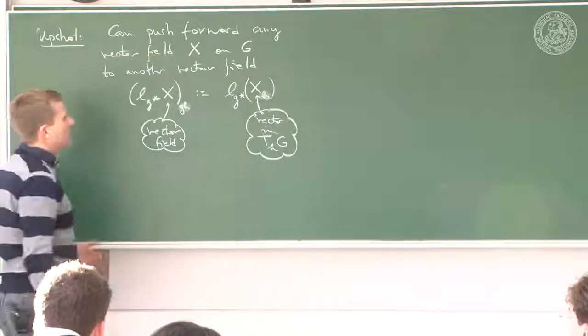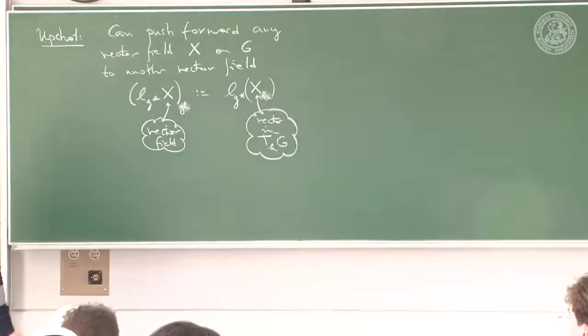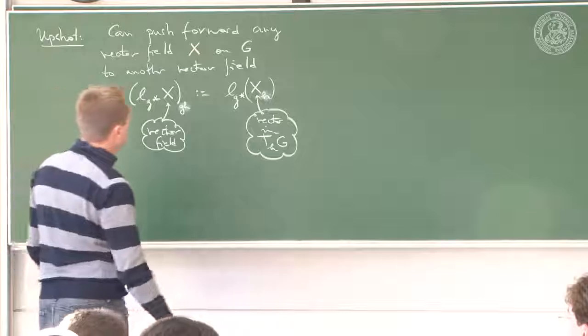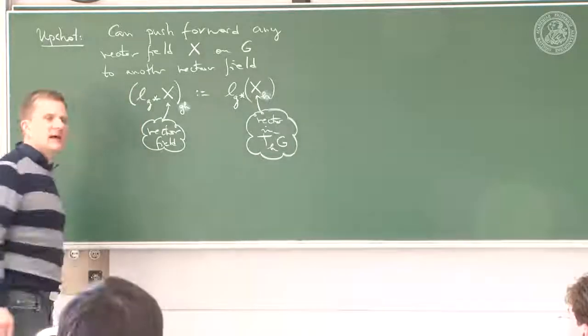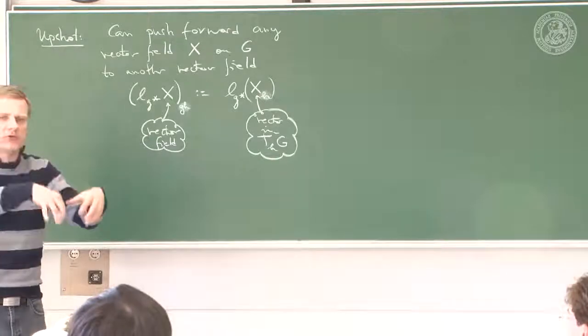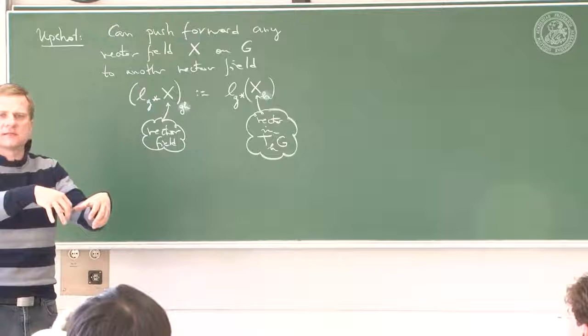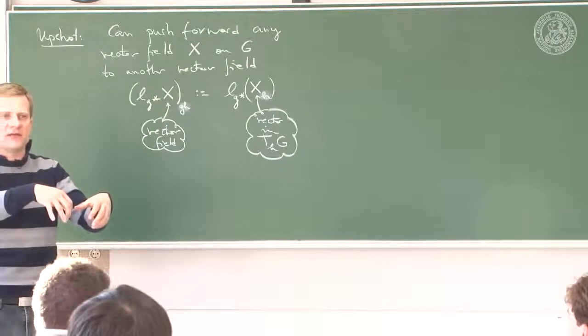Now, we're not interested in any vector field on a Lie group. We're only interested in a special class of vector fields, namely those vector fields that if I push them forward and I look at the result, it doesn't look different from the vector field I started from. Okay?